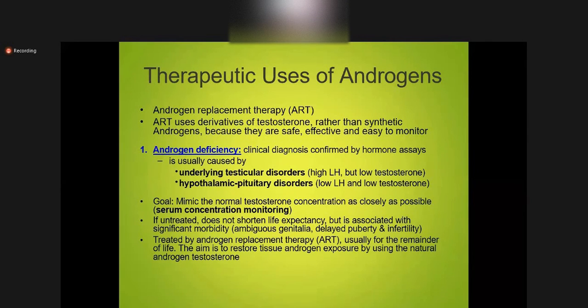This is required for different conditions, not life-threatening ones, but it can be used for delayed puberty or infertility. Also, we use this therapy for a lifetime if the body is not producing this androgen.